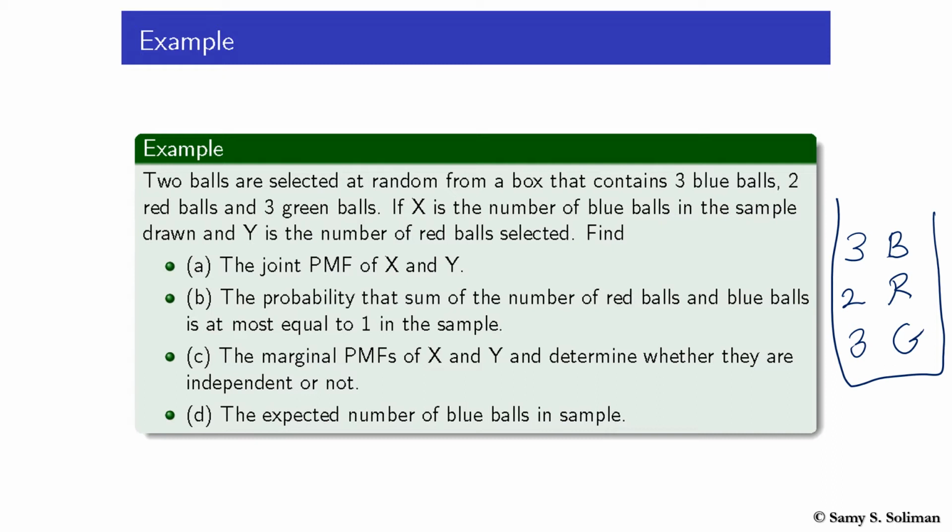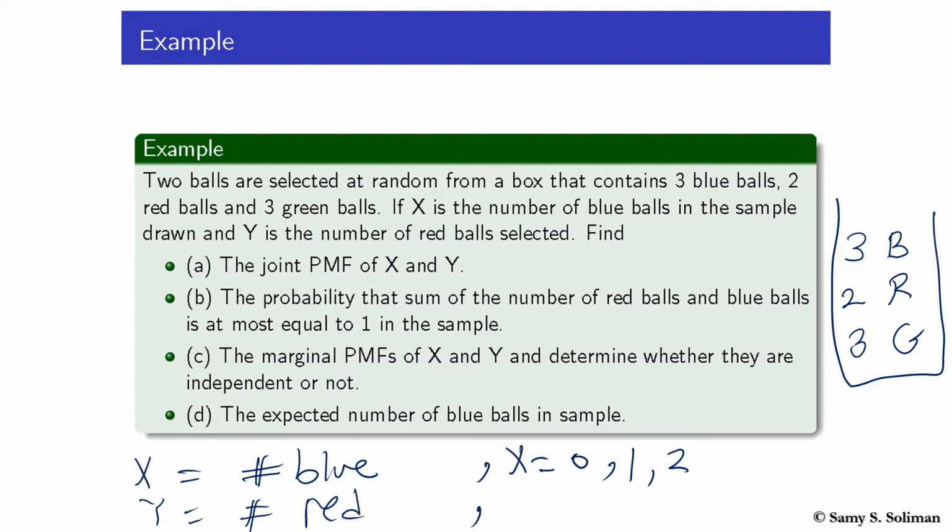And we are given that x is the number of blue balls. So we can know that x can have a range of 0, 1, or 2, while y is the number of red balls, and again y is equal to either 0, 1, or 2.